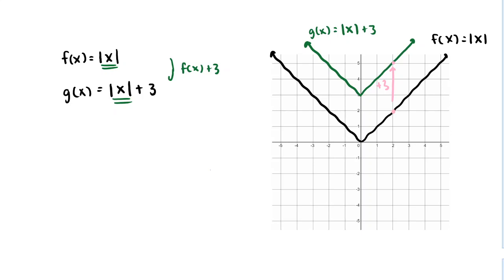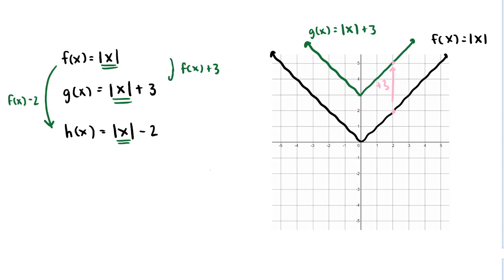Now what about if we look at the function h of x is equal to the absolute value of x, let's say minus 2. So it's our f of x function, but instead of adding 3, we're subtracting 2 this time. This can be seen as f of x minus 2.